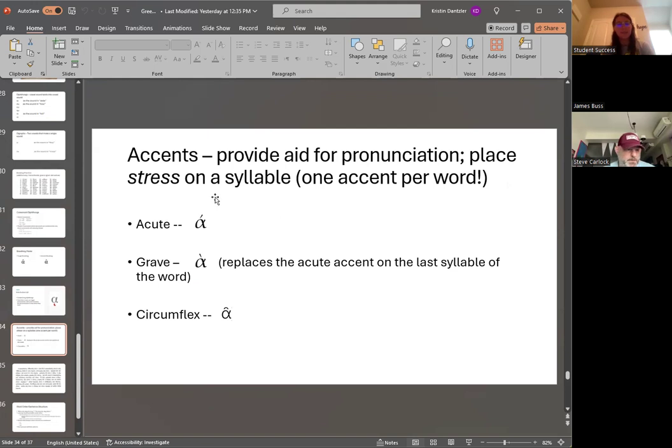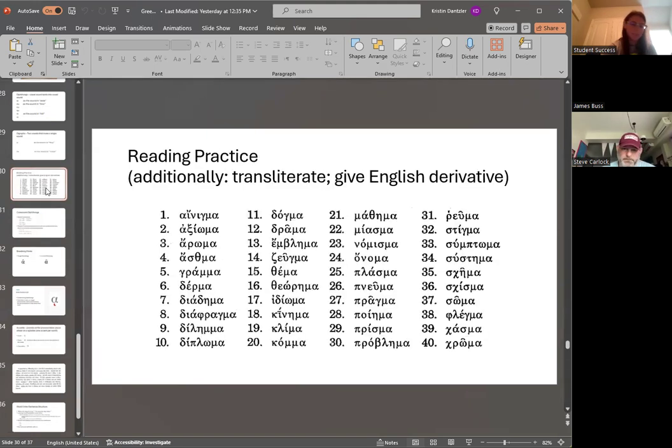Yeah, and that's what the acute is. Grave is just if it's on the last syllable of a word. And then they also put a line over this one, which you don't see too often. In this case they're really stressing a long E sort of sound, but you will hardly see that accent.